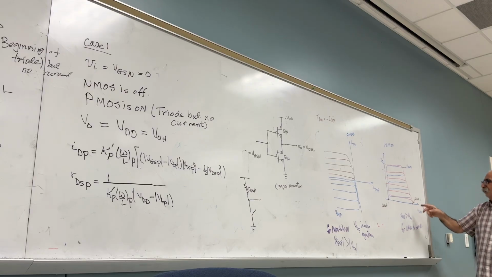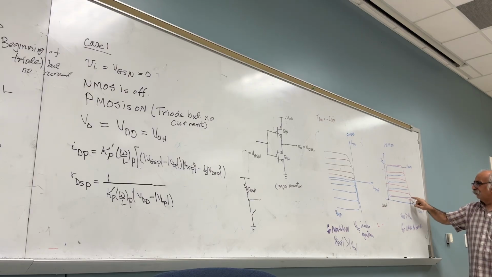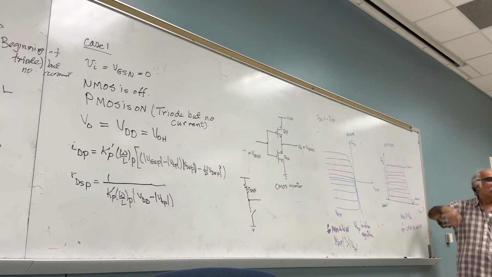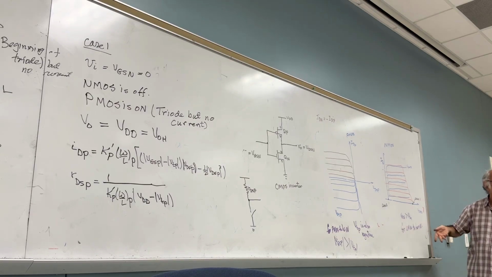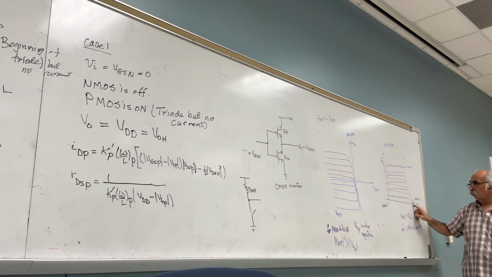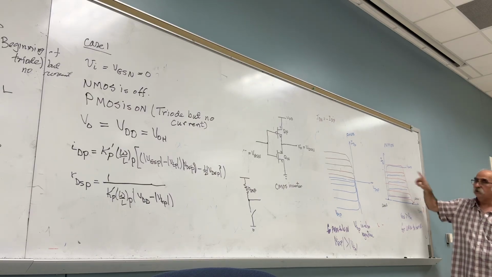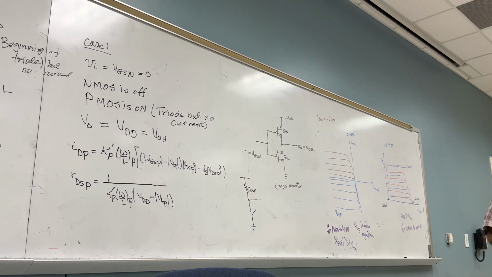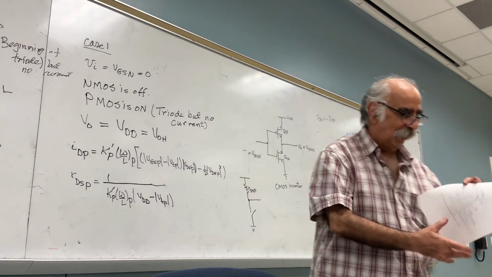Let's look at the blue one: 1 volt, 2 volt, 3 volt, 4 volt. So when I increase the voltage, I am moving from here to here to here, but not on a straight line. Clear? Okay, good.